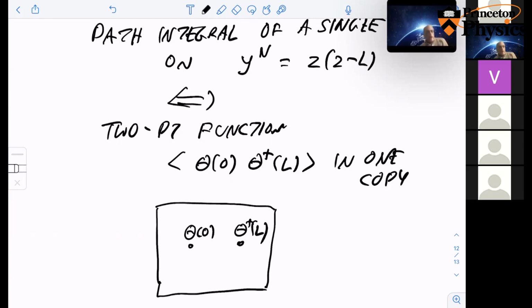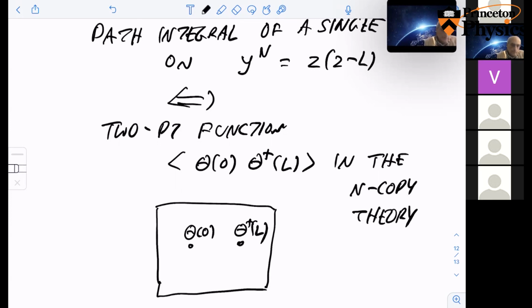Well, that's kind of a fancy tautology, but you'll see it's useful in a second. A single sheet in the n copy theory is equivalent to n sheets in the 1 copy theory. And the twist operator means by definition that the copies are cyclically permuted when we go around these points.